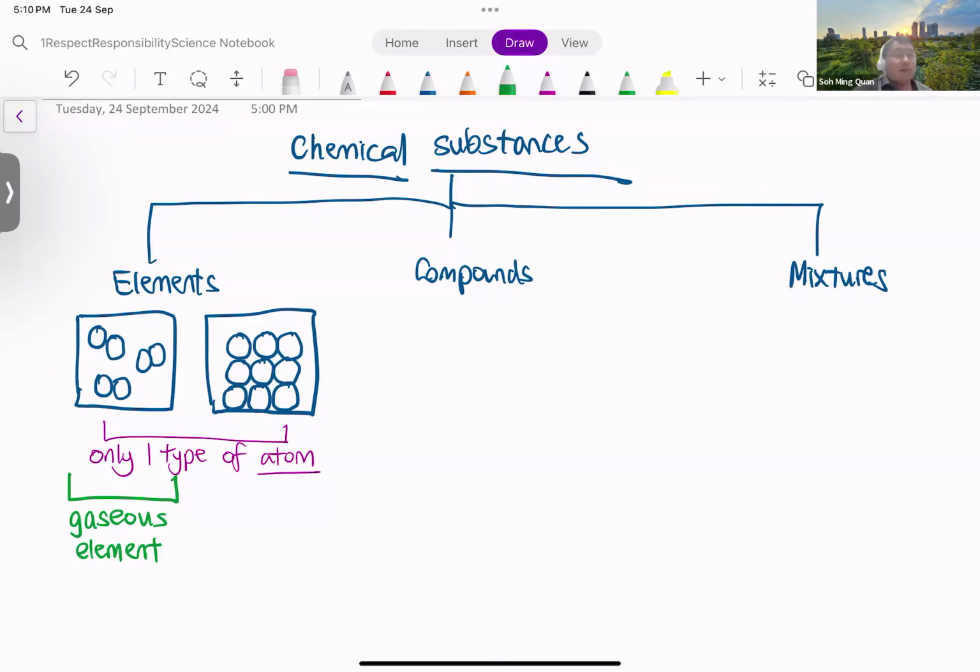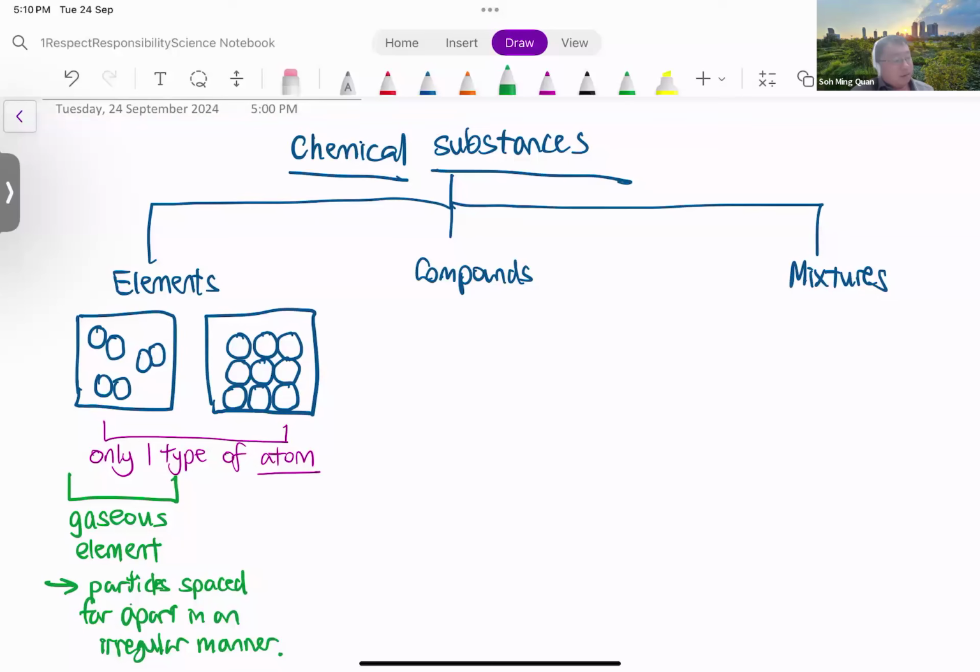It's a gas because the particles are spaced far apart in an irregular manner. That's how you tell the one on the left is gaseous.